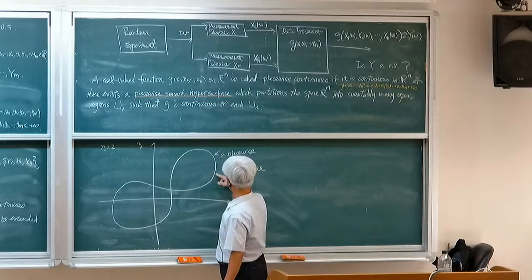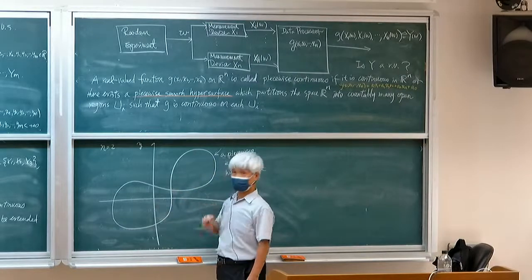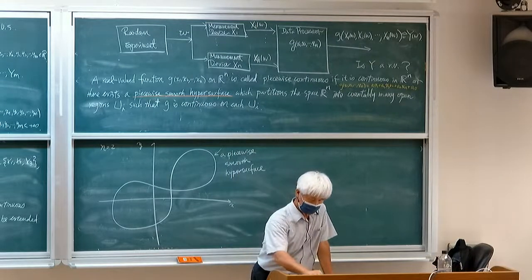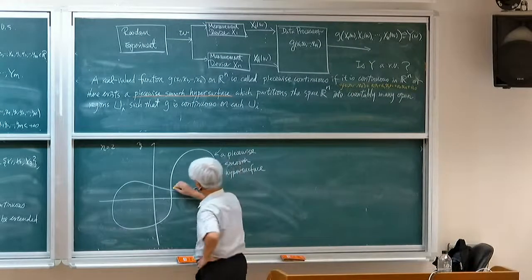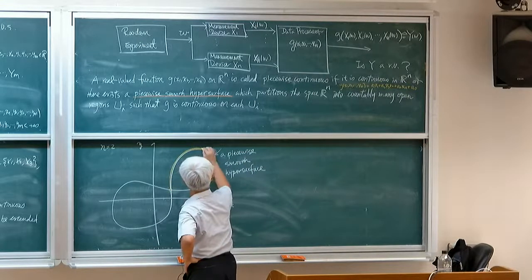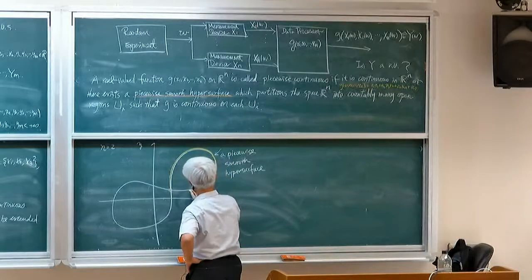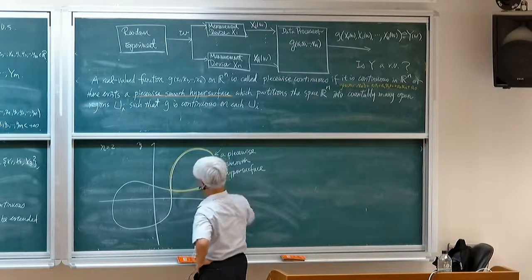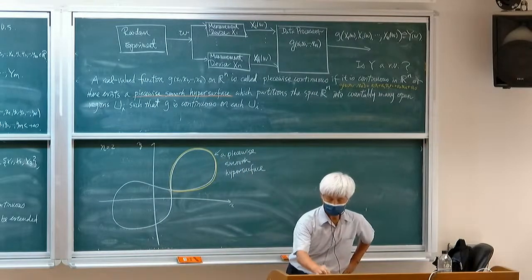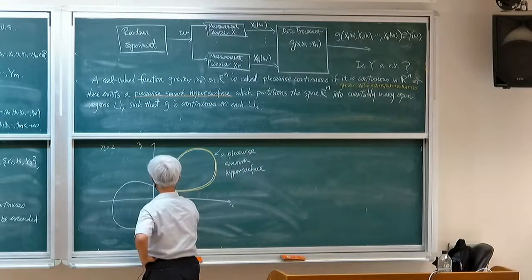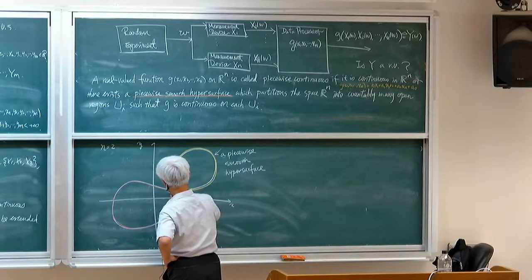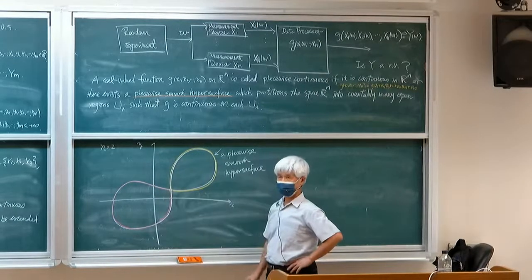So this hypersurface is not smooth at this point, but we can exclude that point. This part is smooth, and the other part is also smooth. The red part is also smooth.